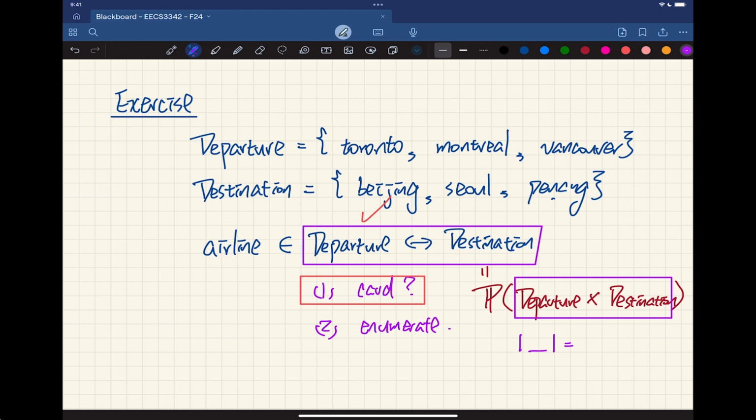Not 3 plus 3. Maybe that's what you did, I guess. All right, 9 here. And then, what about the cardinality here? It will be 2 to the power of S cross product T, right? You can look up what we said earlier. That will be 2 to the power of 9. You know how to simplify it. 512, I believe, right?